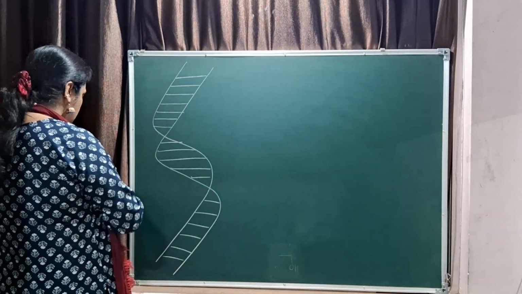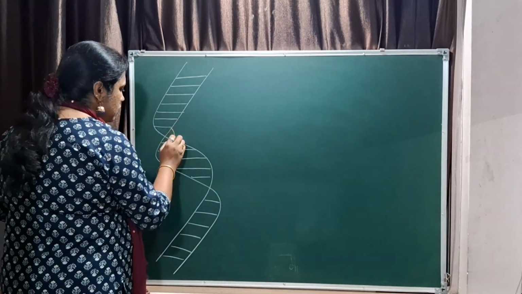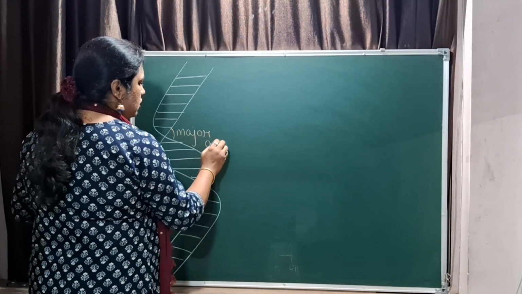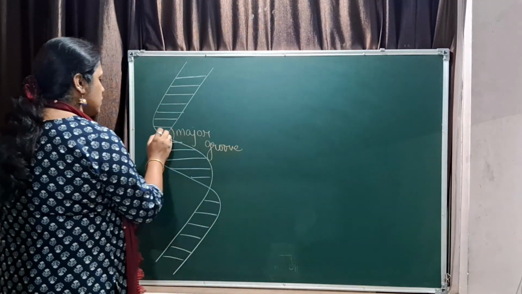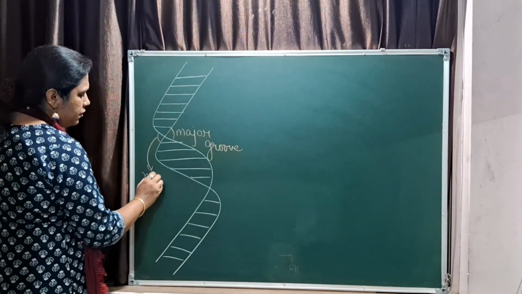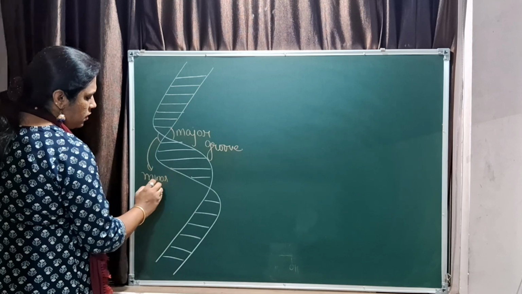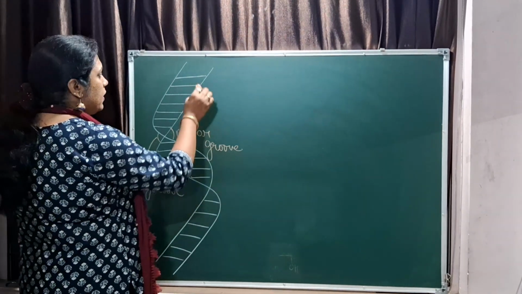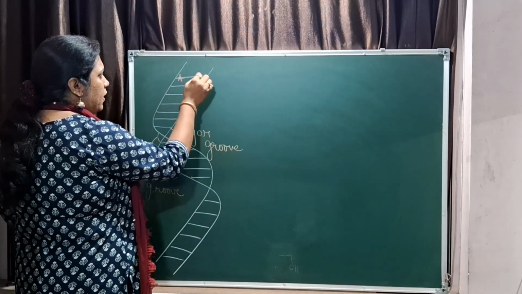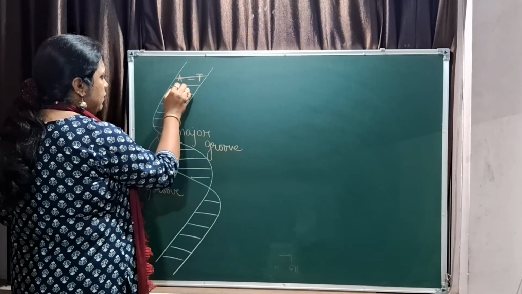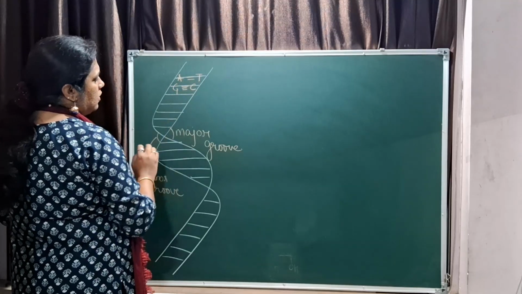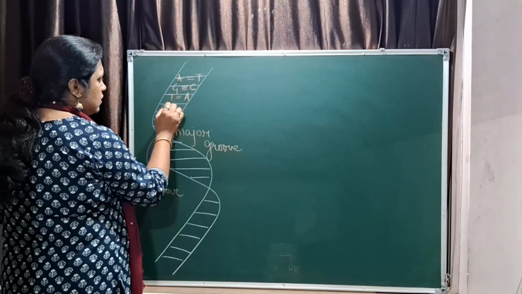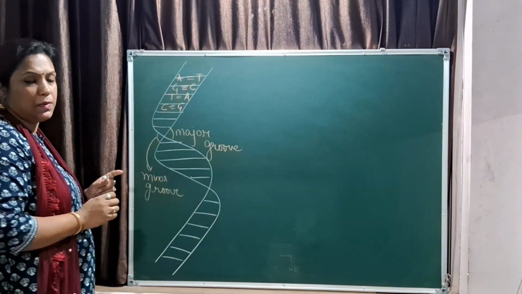If you have to label the same, you have this one, a larger angle, as major groove, this smaller angle as minor groove, right? Here, if you have A, you have T. If you have G, you have triple bond C. Again you have T, so double bond A. If you have C, then triple bond G. This is the base pairing rule, okay?